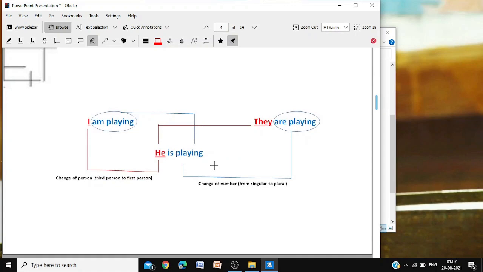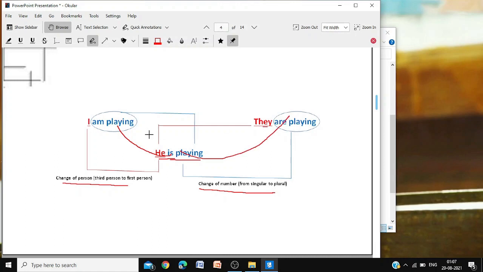So I am playing. When there is a change of person, third person to first person, he is playing becomes I am playing. So the verb changes. When there is a change of number from singular to plural, is playing becomes are playing.